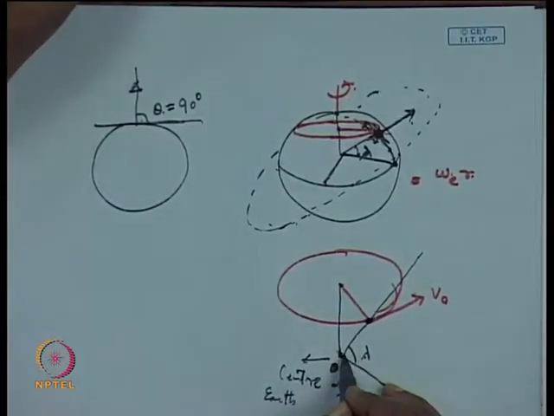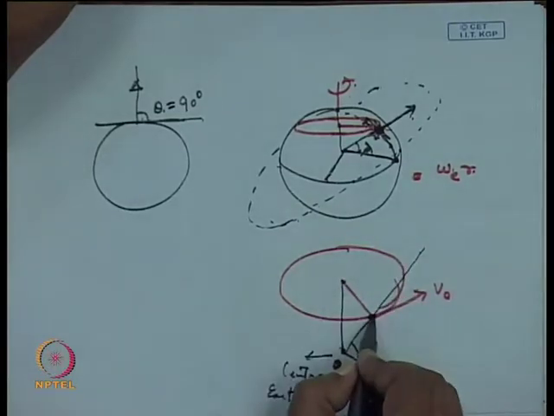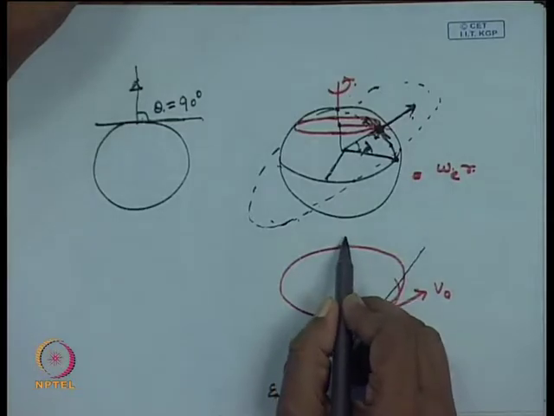From the center of the earth, this is the radius vector going outside, so this is acting as the local vertical, and we can say somewhere the pole is located here.